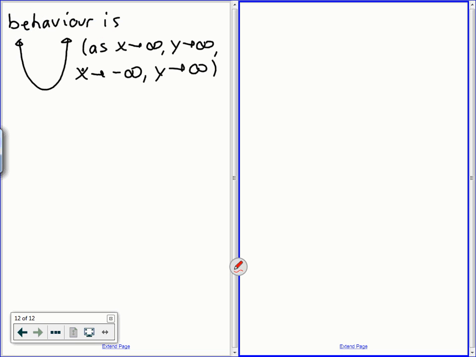Okay. Example 2. I think example 1 is a different one. Example 1 we have? Yeah. Try example 1. Do a rough sketch of the following.